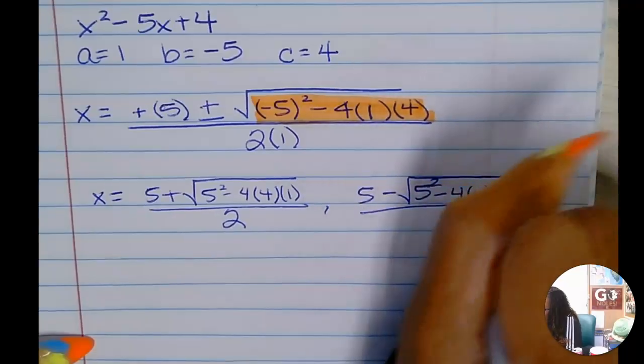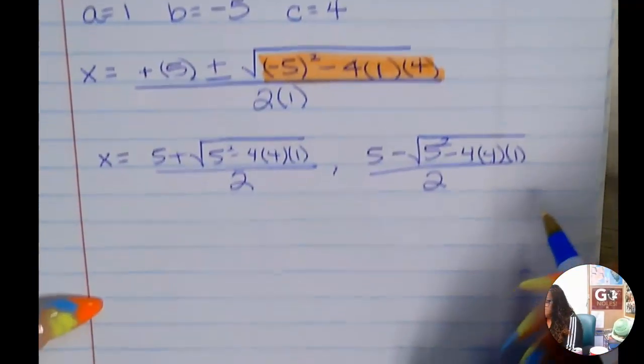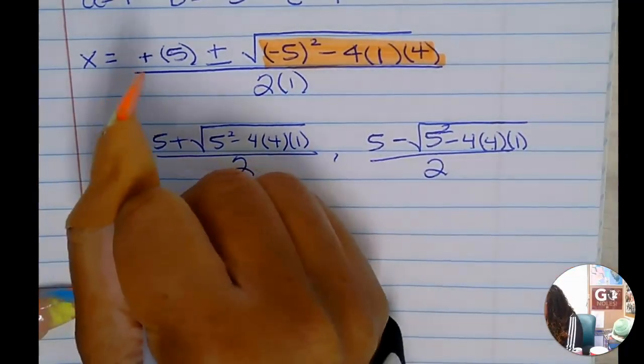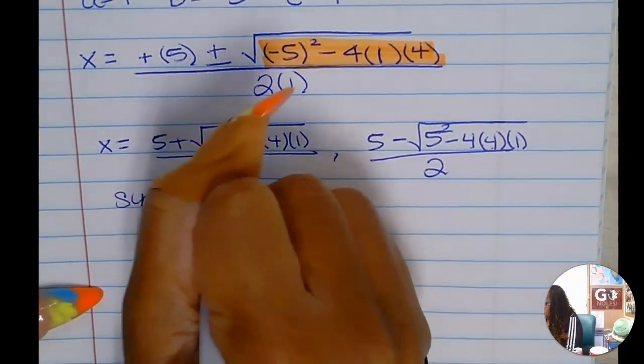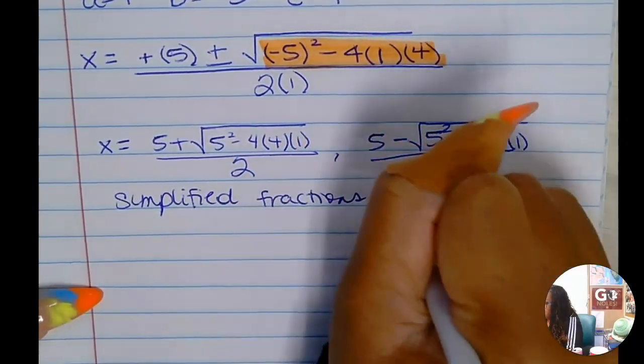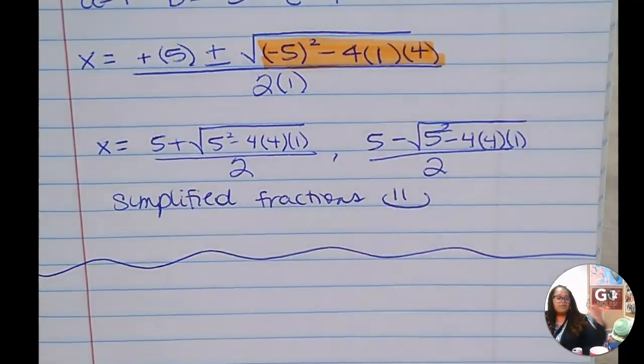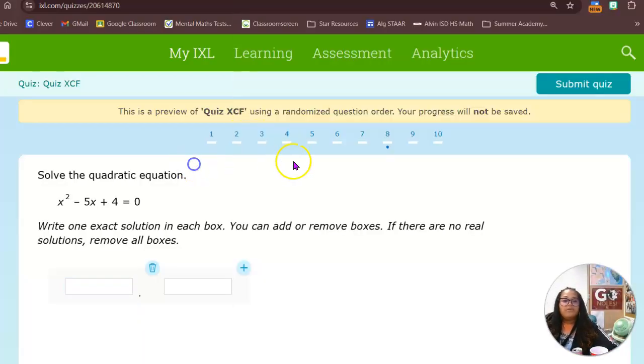I know I switched the 4 and the 1 up, but it doesn't matter because multiplication is commutative. So these will be simplified fractions for this one. Don't yell it out, write it down. Let me go to the next one.